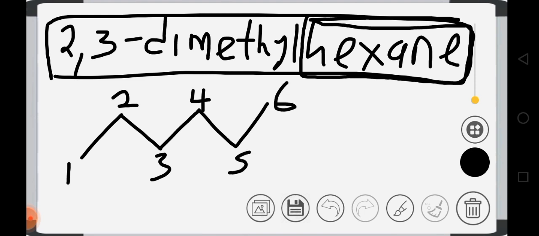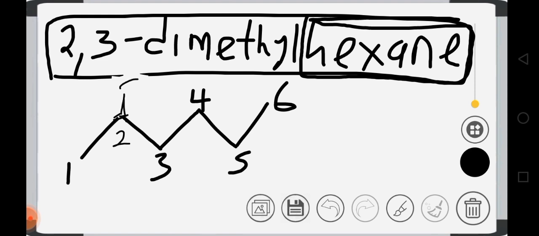Then let's start putting the stuff now. We have 2, 3. So 1 is here. So what you just do? Just close this one. That's number 2.